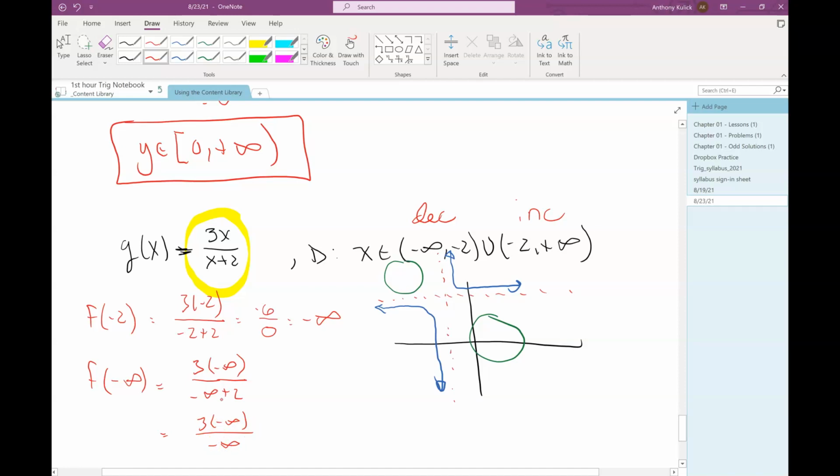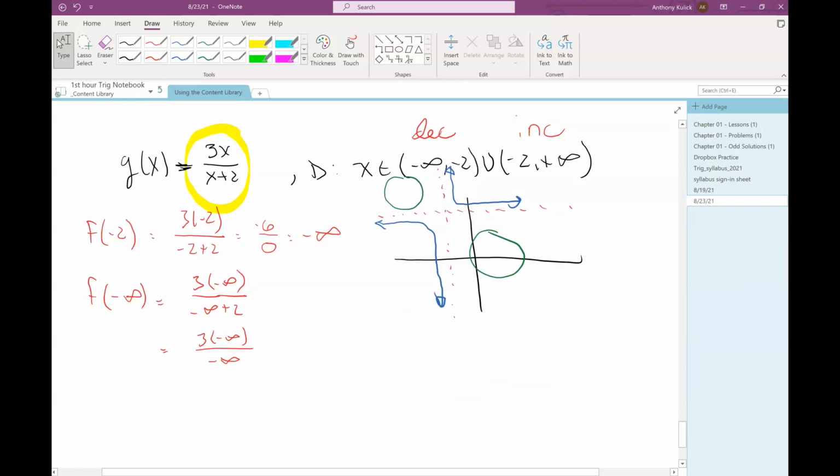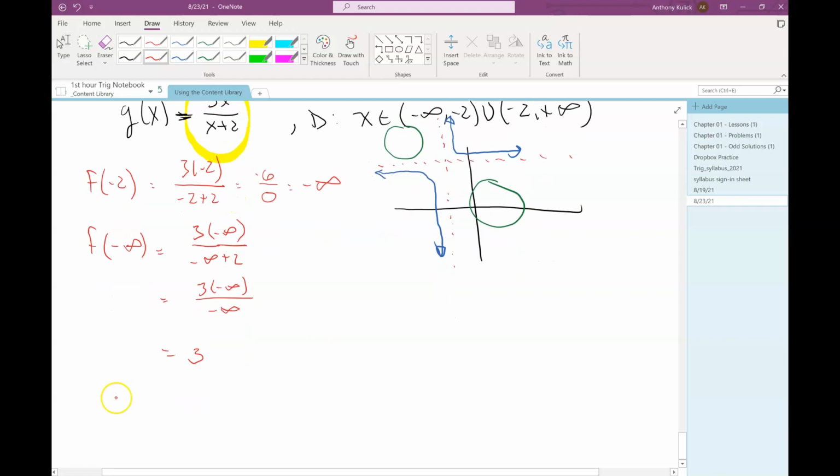You guys buy that? But if I have 3 times negative infinity over negative infinity, that's a lie. We still have 15 minutes. If I have 3 times negative infinity over negative infinity, that's really just like 3, right? You guys buy that? So this first part I have is negative infinity to 3.